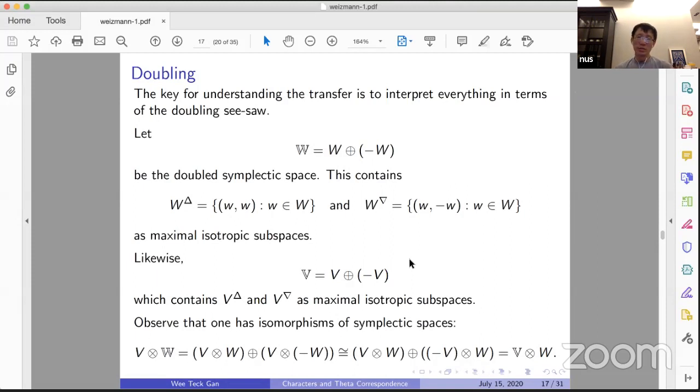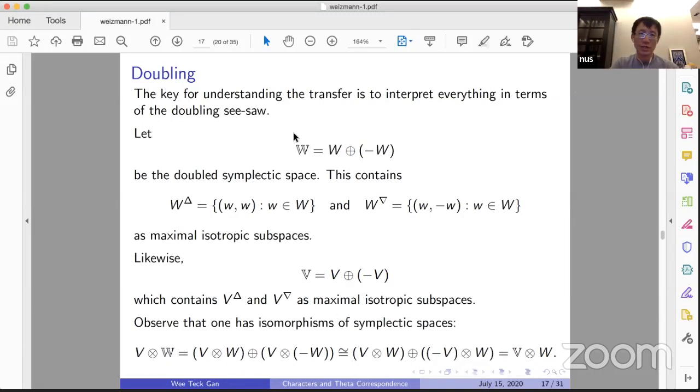The doubling see-saw is a gadget in the theory of Howe duality correspondence. If you are familiar with Howe duality theory, you know what this is. If not, I'll try to give a brief explanation, but I'm not sure I can do a very thorough job in the remaining time.